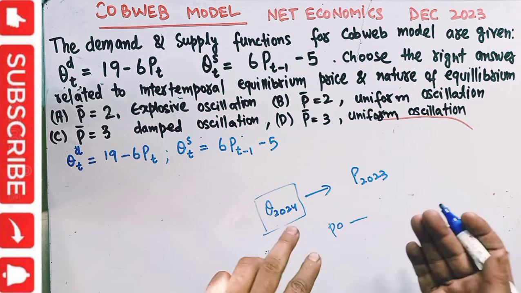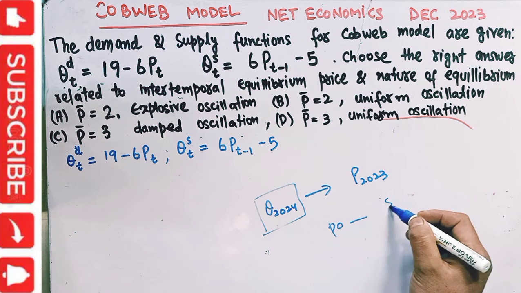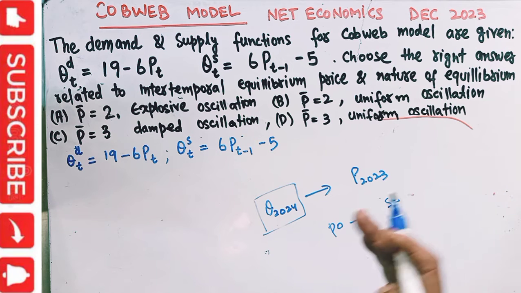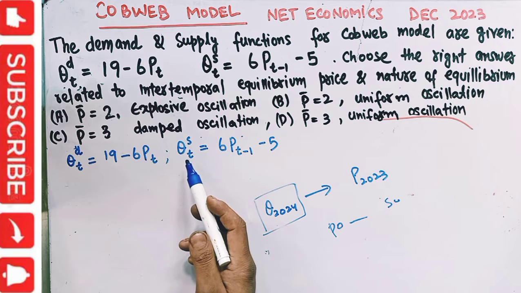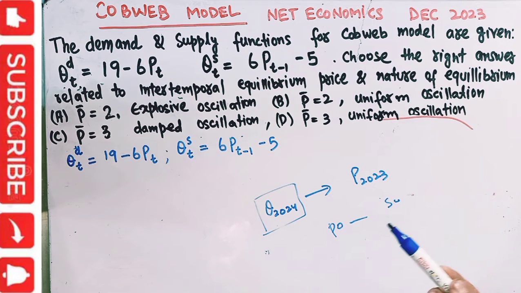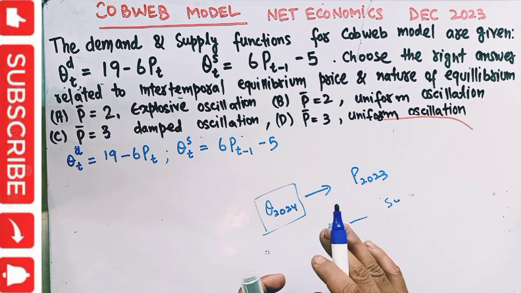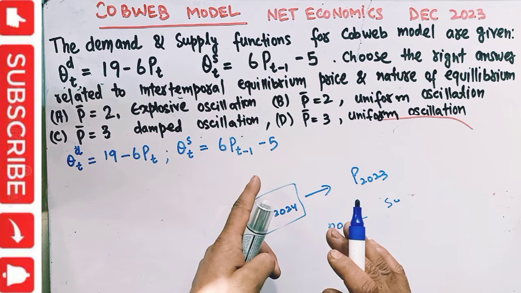So it is not an instantaneous thing that we sow the seed and reap it in 1 or 2 months. So there is a time lag between the quantity supplied and the price of wheat. That's why we have this time lag.